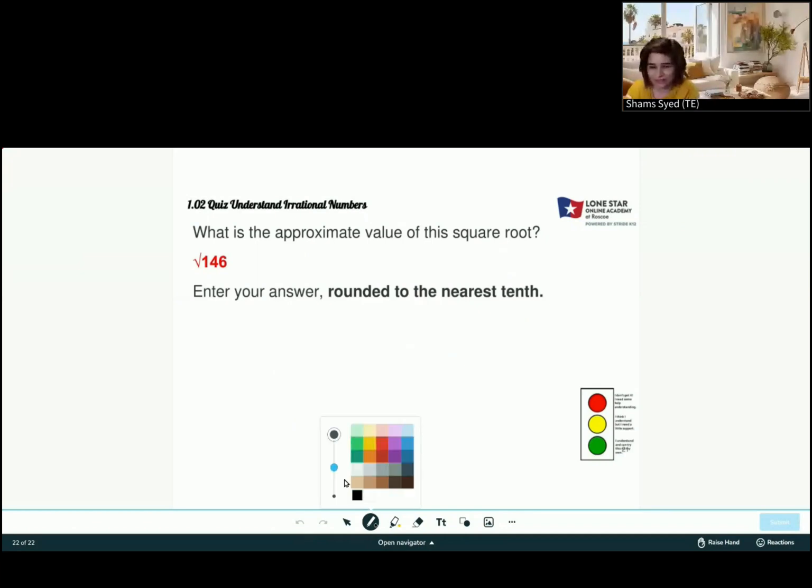146. Let's do the square root of 146. There are a lot of answers dropping in the chat, and you guys say it's 12.08. 12.0, and I'm going to put an 8. Does the 8 bump the 0 up or not?